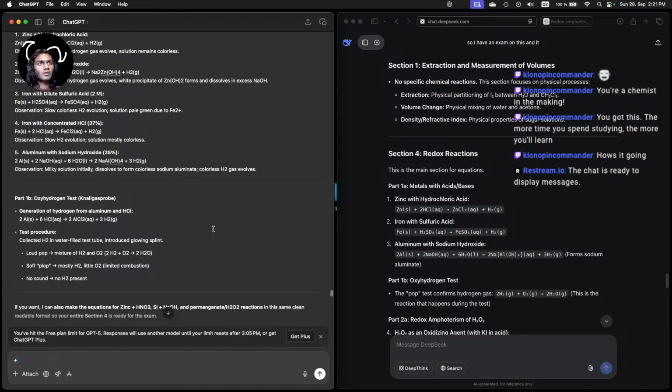Okay. Aluminium with HCl. Oxyhydrogen test. Six times HCl, goddamn. AlCl3, similar to zinc, but zinc has ZnCl2.